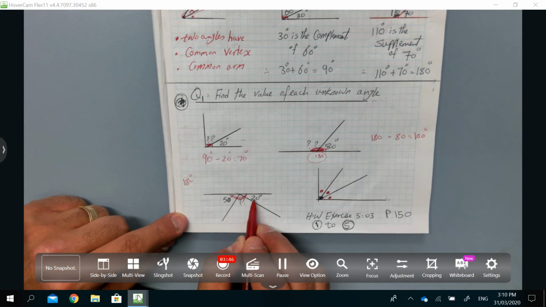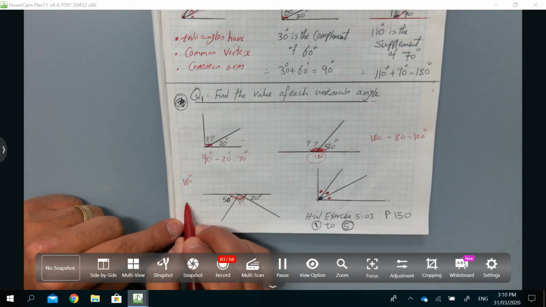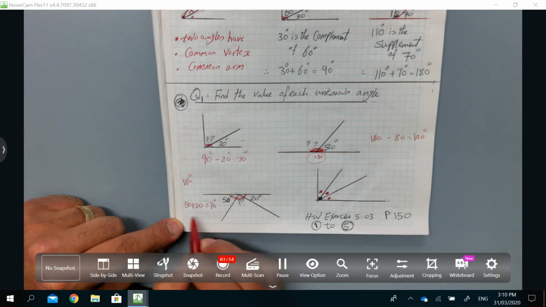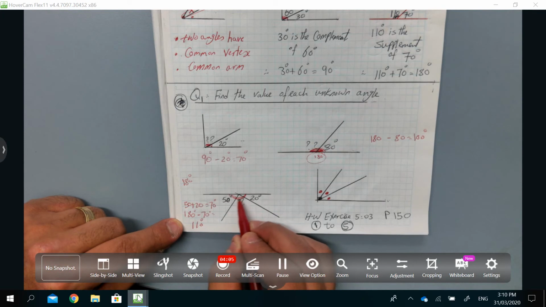So you add up 20 plus 50, which is 70 degrees. And then you say 180 degrees, because the total angle here is 180, minus 70 equals 110. So this angle will be 110.